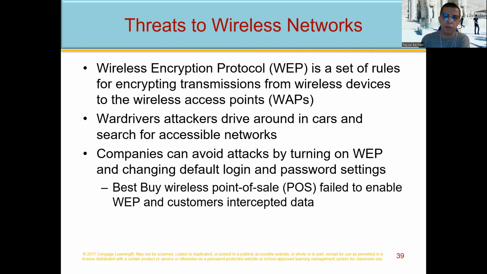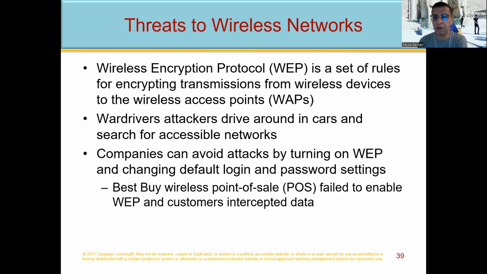But we have other things, fiber optics versus the wireless. So the wireless encryption protocol, or WEP, is a set of rules for encrypting transmissions over the wireless from a wireless device to a wireless access point, which is a WAP.